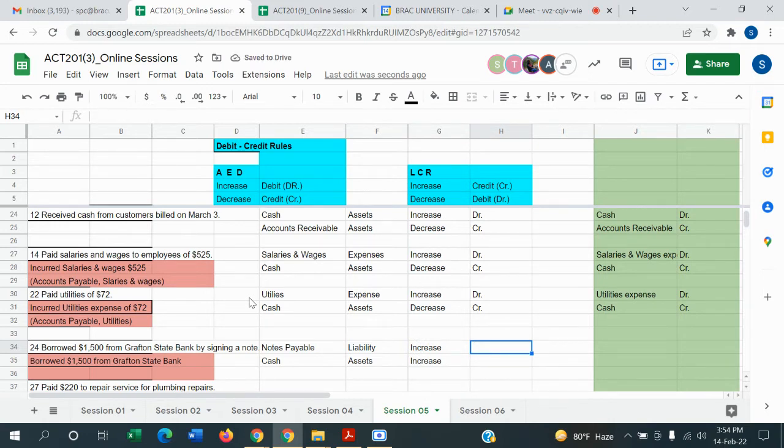When liability increases, our rule says it should be credit. When you receive cash, an asset increase, it should be debit. We record the debit first: cash debit, and notes payable credit. That's how we should record it into the journal.